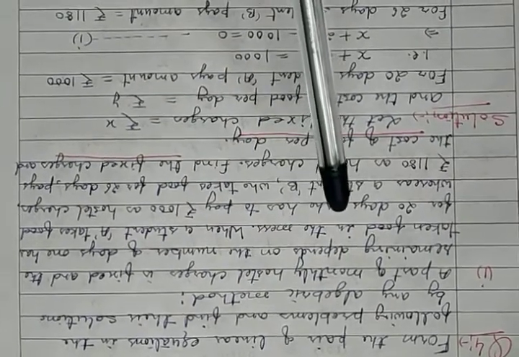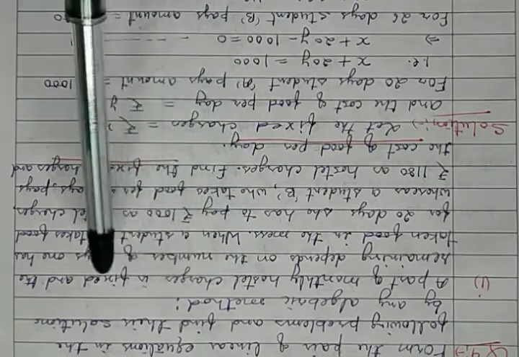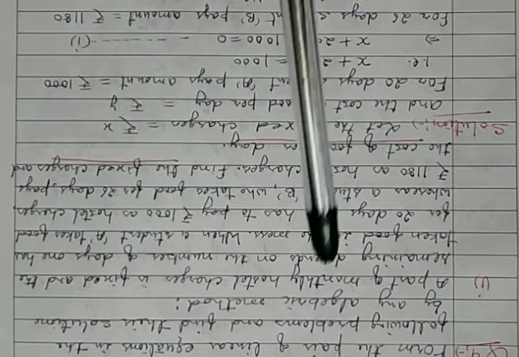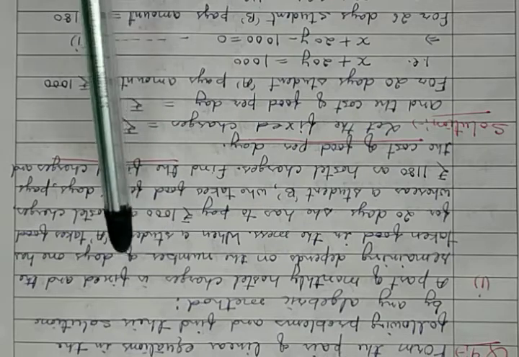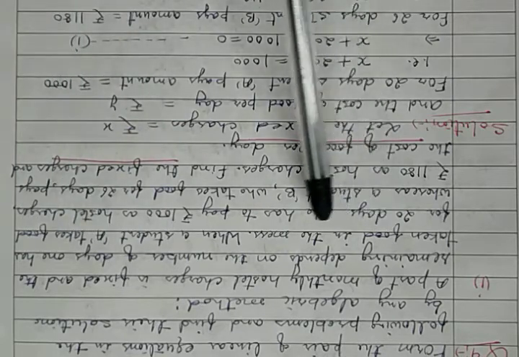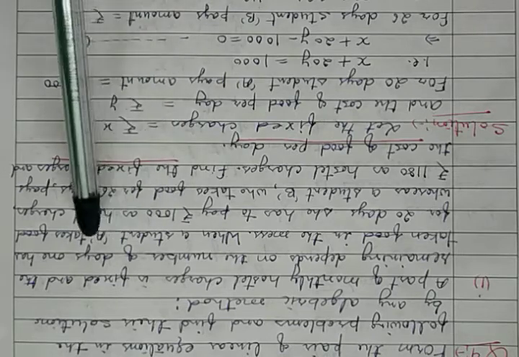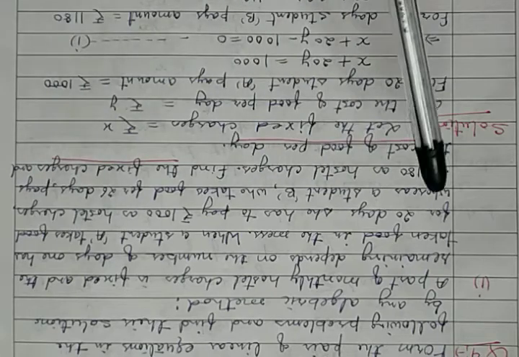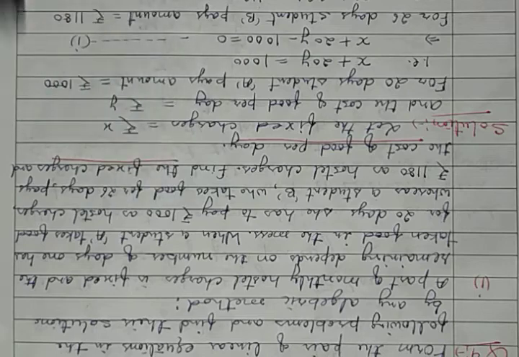Your question is, a part of monthly hostel charges is fixed. We have already studied such type of questions, fixed charges. A part of monthly hostel charges is fixed and the remaining depends on the number of days one has taken food in the mess. When a student A takes food for 20 days, she has to pay rupees 1000 as hostel charges.